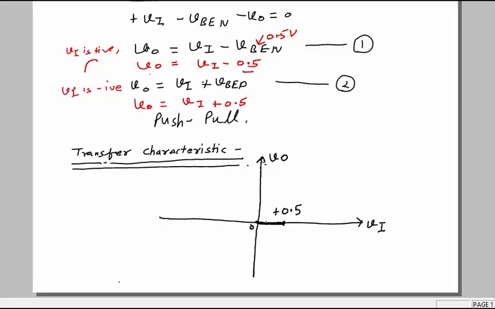Now similarly, in this direction, when Vi is negative, going in the negative direction, till minus 0.5, V naught will be 0. Let us find that value also. Let's call this value minus 0.5 volt.